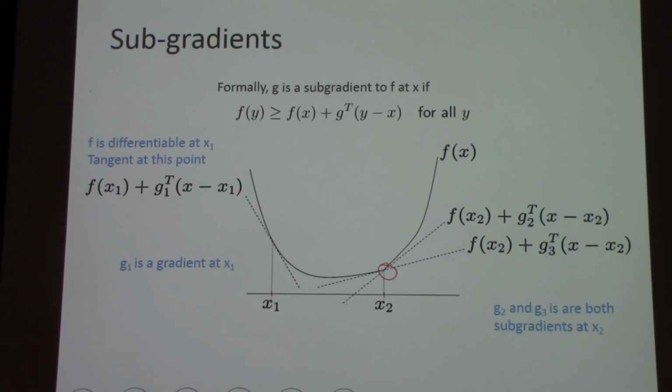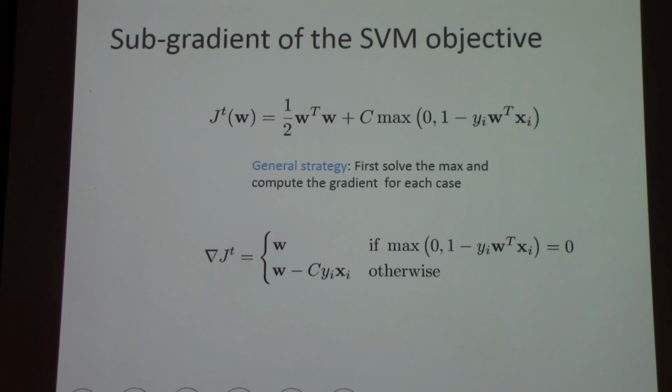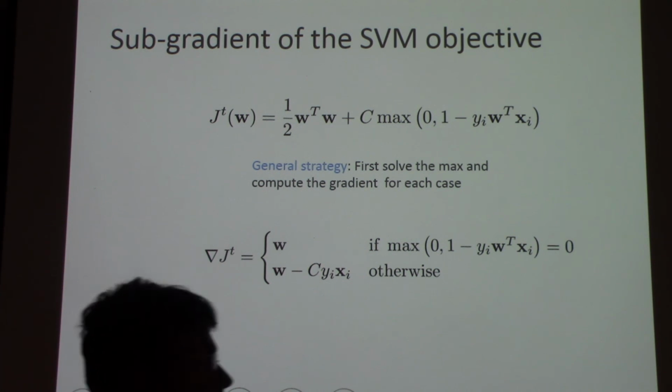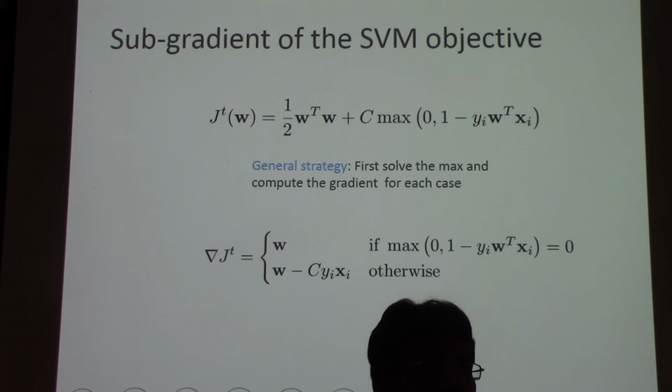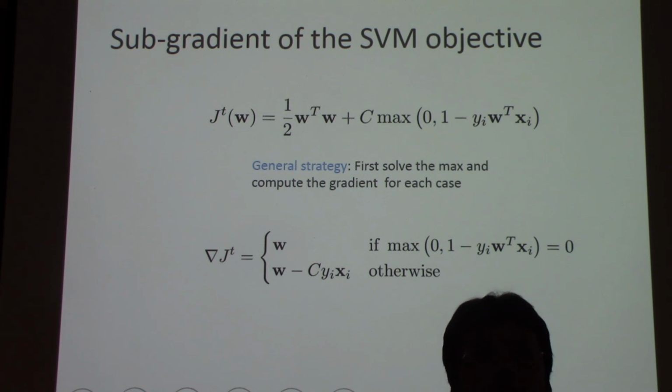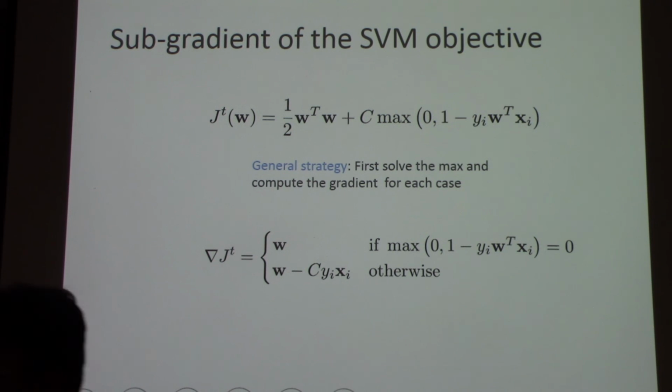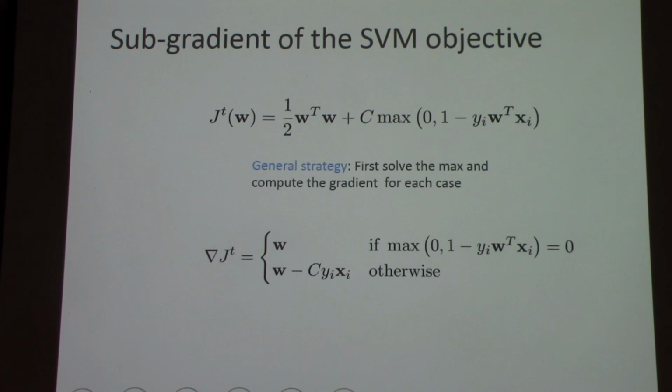So the last thing I want to do, and I'll pick it up here again in the next class, is to point out that there's a general strategy for calculating the value of the subgradient of max. I want to calculate the gradient for max. What I do is first solve the max. So at a given point, say I have w, y and x, I want to calculate the gradient at w. For that w, first solve the max.